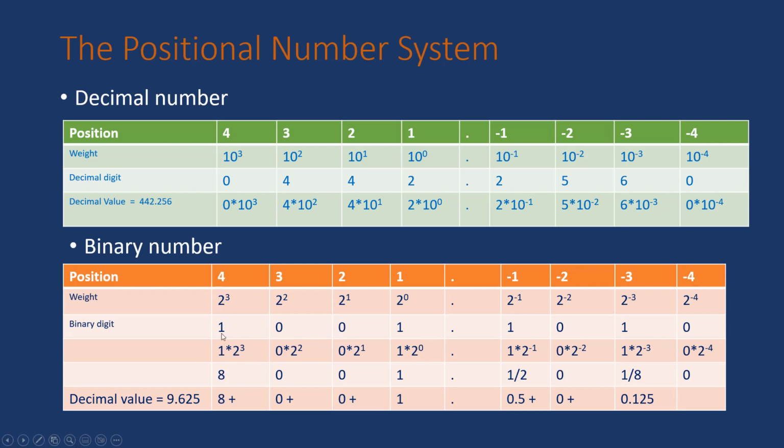So this position represents 8. This position is 0, is nothing. 0 multiplied by anything is 0. The 0 is just written down, and this is 1, written down here, since 2's power 0 is 1. So it is 8001. So before the decimal point, we are going to have 8 plus 0 plus 0 plus 1. That's going to be 9.